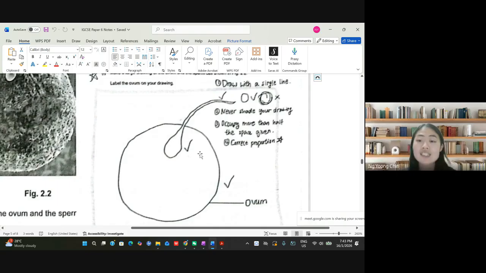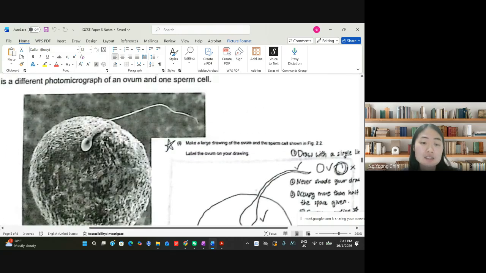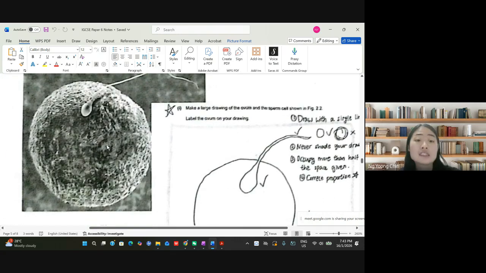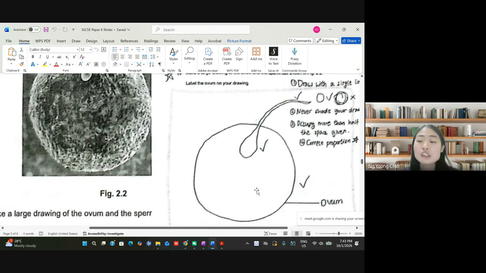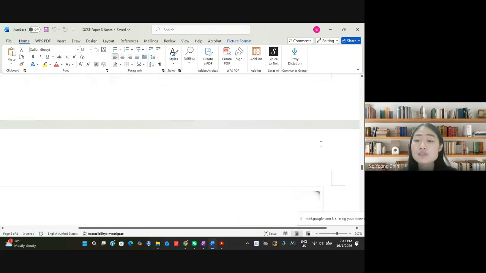Correct proportions, understand? 正常的比例. For example, you know that the ovum is a lot larger than the sperm, right? The size of the ovum is definitely larger than the sperm. So you should draw it this way, which is the ovum is larger than the sperm. You cannot draw the ovum and sperm the same size. It will be very, very weird. Correct proportion is very important.